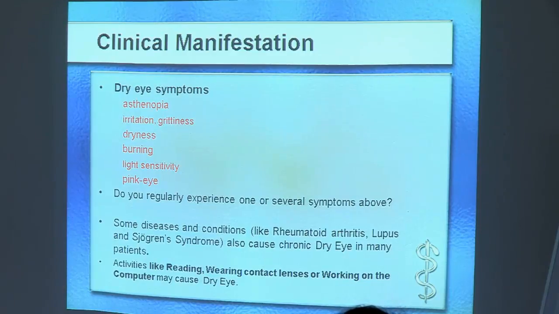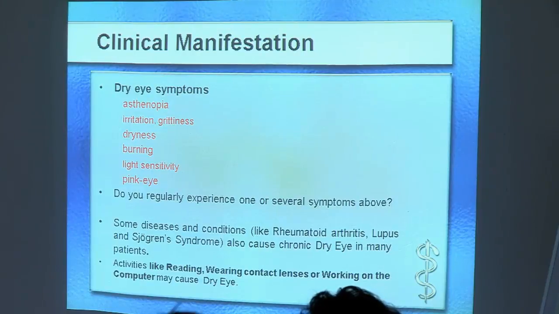And that's so important. The more severe ones will present with burning sensation, stinging sensation, and in extreme cases, they'll present with a red eye, which I've already shown you. And if they suffer from disorders like rheumatoid arthritis and Sjogren's syndrome, they're bound to have some symptoms associated with dry eyes.